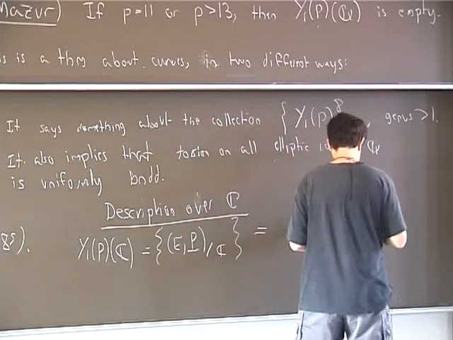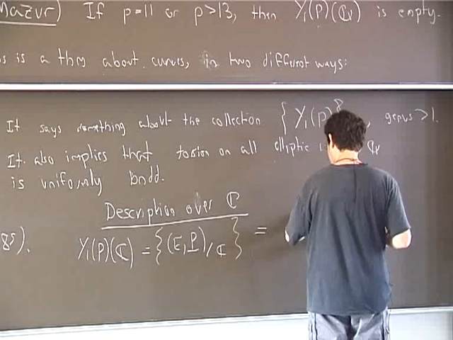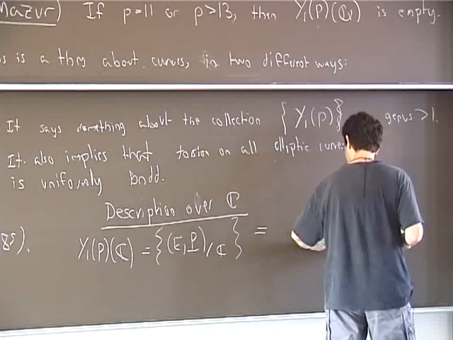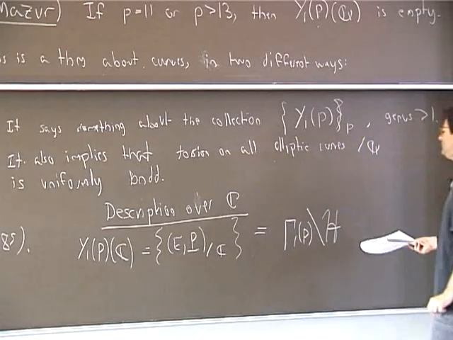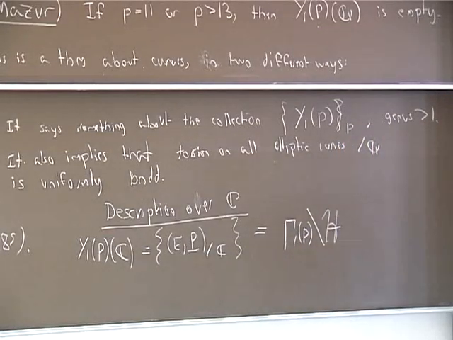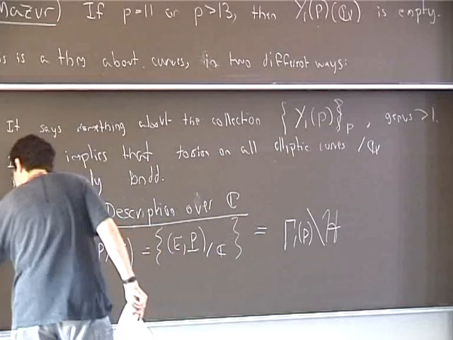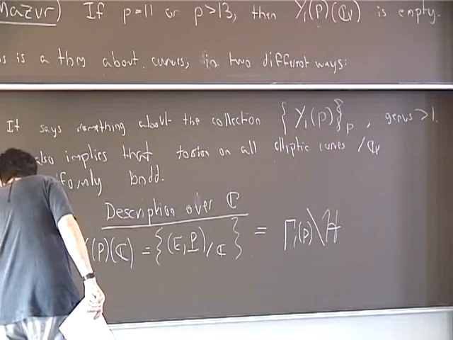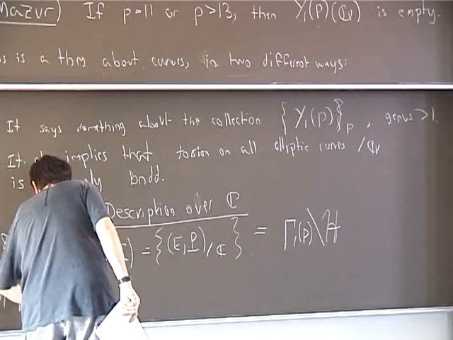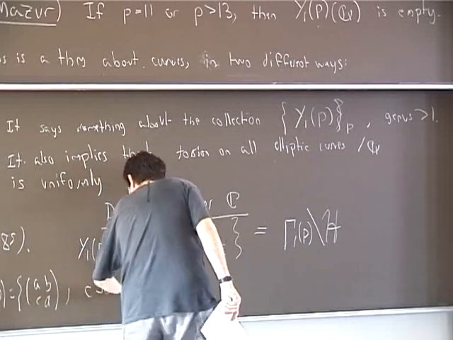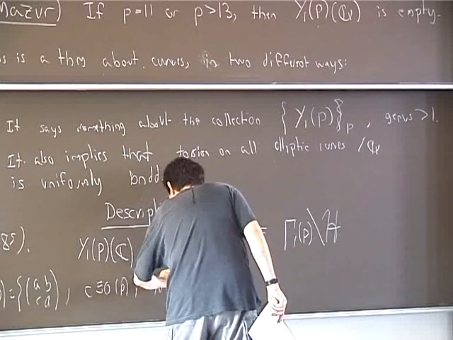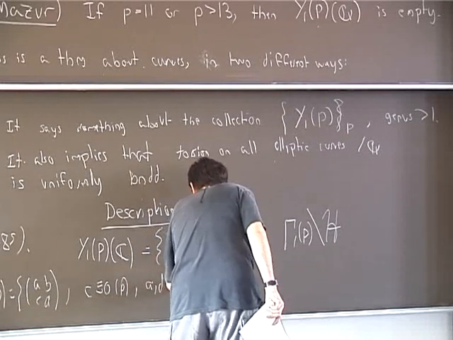And one can show that this is identified with the quotient of the upper half plane by the action of a certain subgroup of SL2(Z) by Mobius transformations. And here, Gamma1(p) denotes the set of 2 by 2 matrices with entries in Z with c congruent to 0 mod p and a and d congruent to 1 mod p.